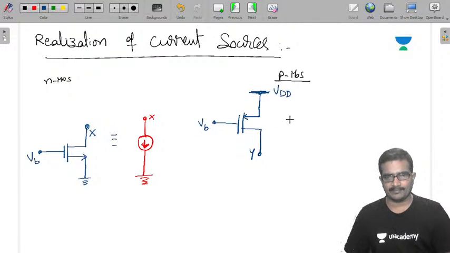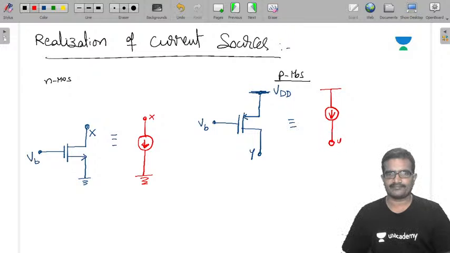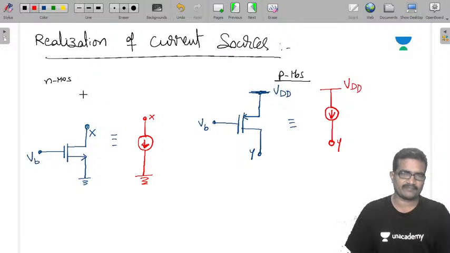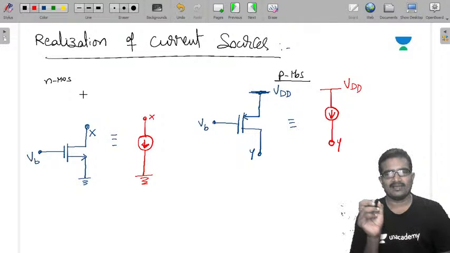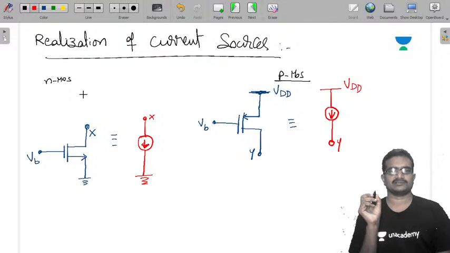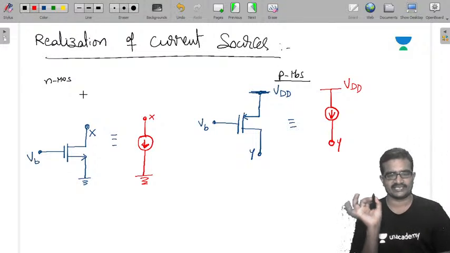Now we can replace it again by a current source, but it starts from the supply. This is the terminal Y. Here it is VDD. After this you can connect some circuit here. This is the realization of current sources by using MOSFET.